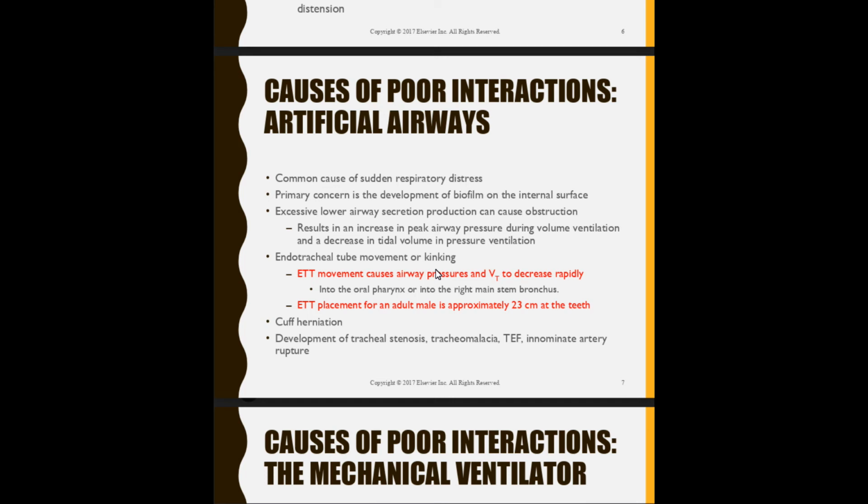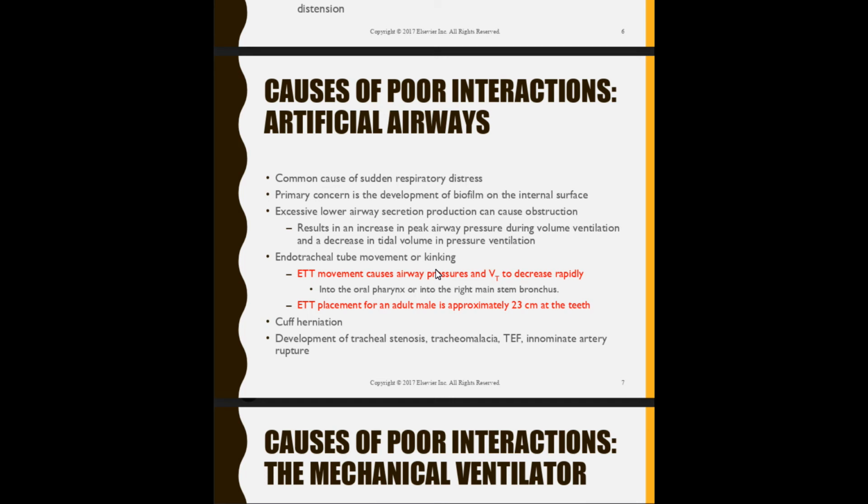This is a biofilm on the internal surface of our artificial airway, whether that be an endotracheal tube or a tracheostomy tube. Whatever the case, we don't want that in there, because if I have biofilm around the internal surfaces, now guess what? I don't know if you guys remember, but that's how VAP starts, ventilator-acquired pneumonia.